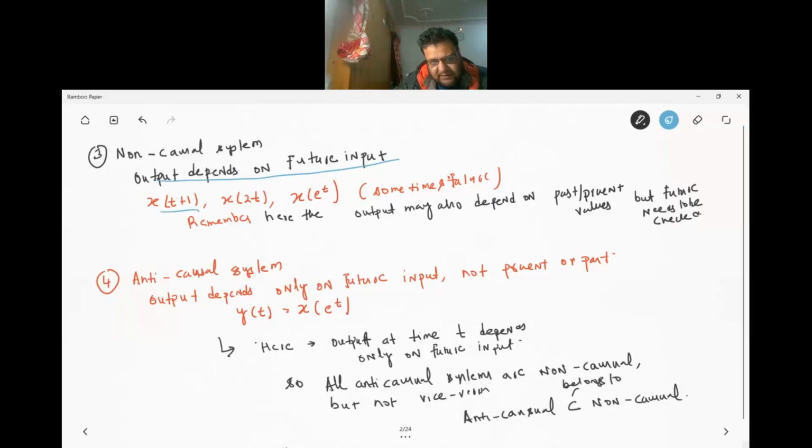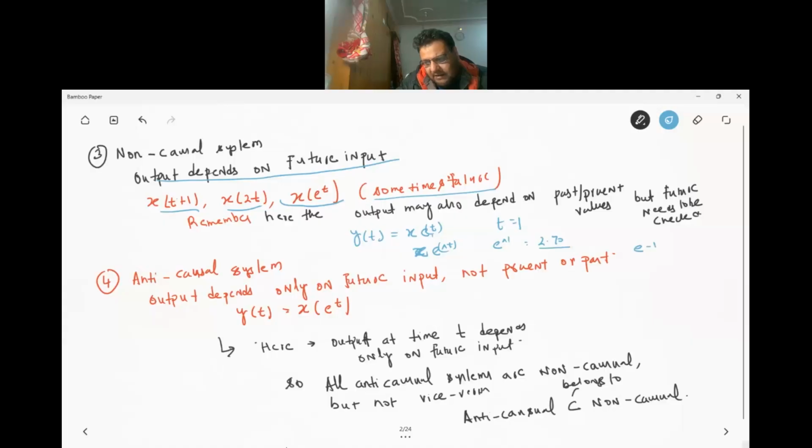Let's say here we have y of t equal to x of e to the power t. If you put t equal to 1 there, x is governed by this function e to the power t, so e to the power 1 is equal to 2.70 something.